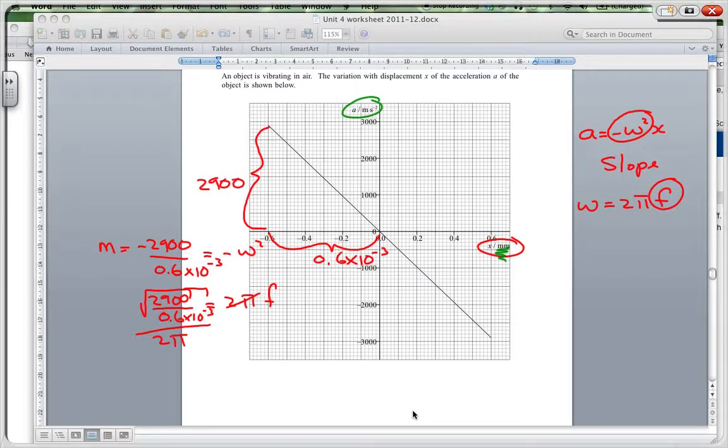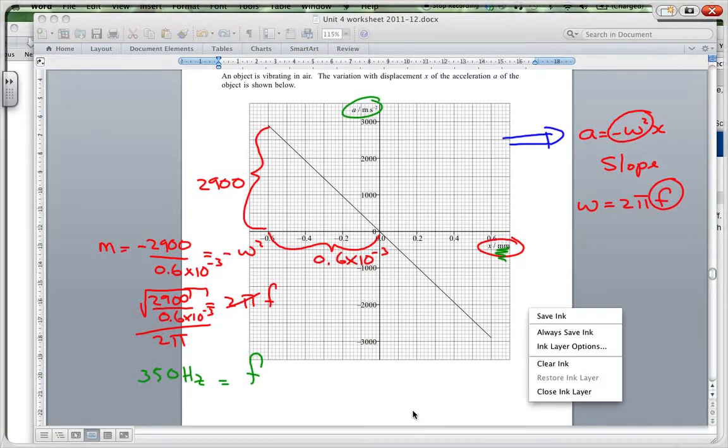So when I get my answer, my frequency is about 350 hertz. Okay, so making sure that you go to your basic definition of simple harmonic motion, which is that formula over there. Very important one to remember.